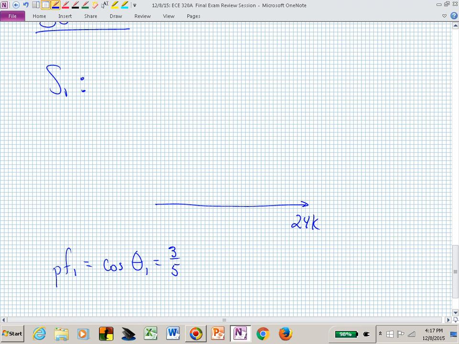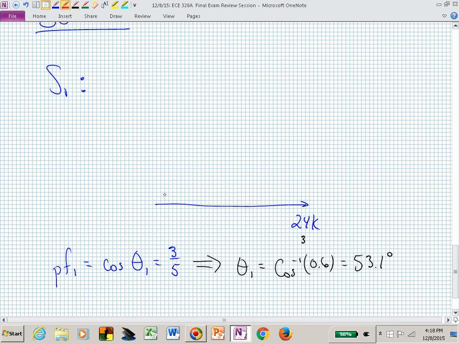So now I know that if this corresponds to 3, you could, if you wanted to, solve this for theta 1. You're now saying the inverse cosine of 0.6, but that's this 53.1 degrees.